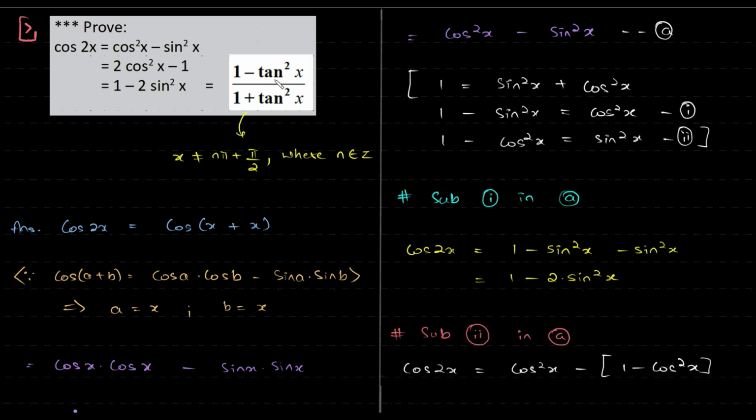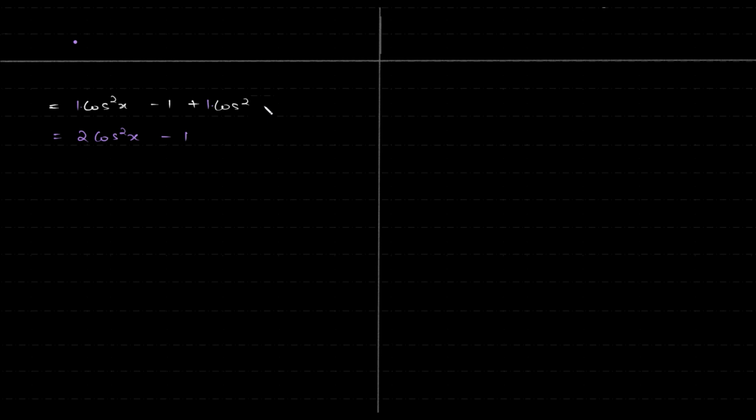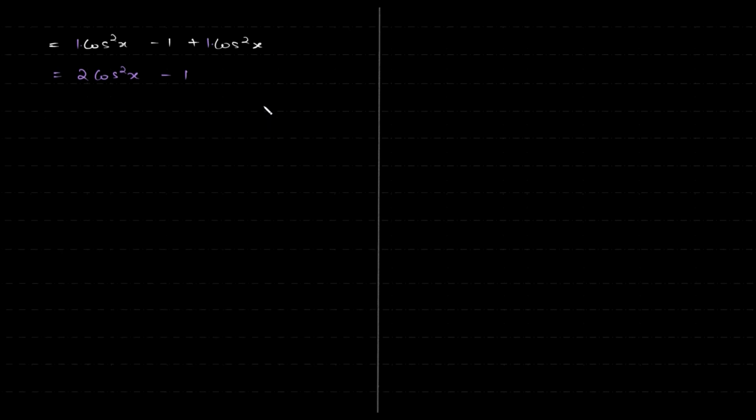And last we have 1 minus tan square x divided by 1 plus tan square x. How will we derive that? So the last one would be, cos 2x is also 2 cos square x minus 1. So can we use this? Think about it. What can we do? What is the relationship between cos and tan?